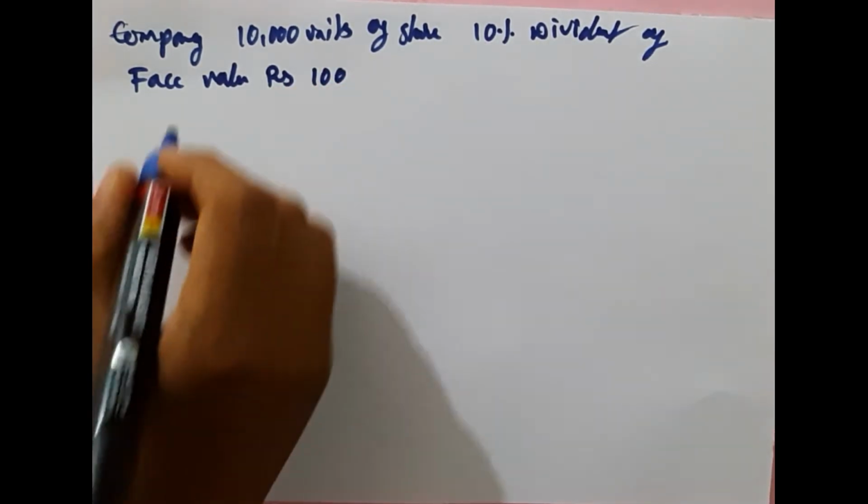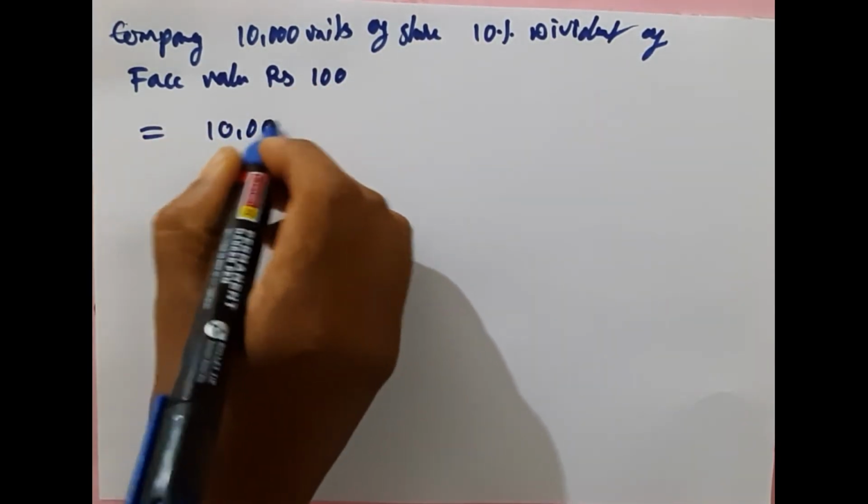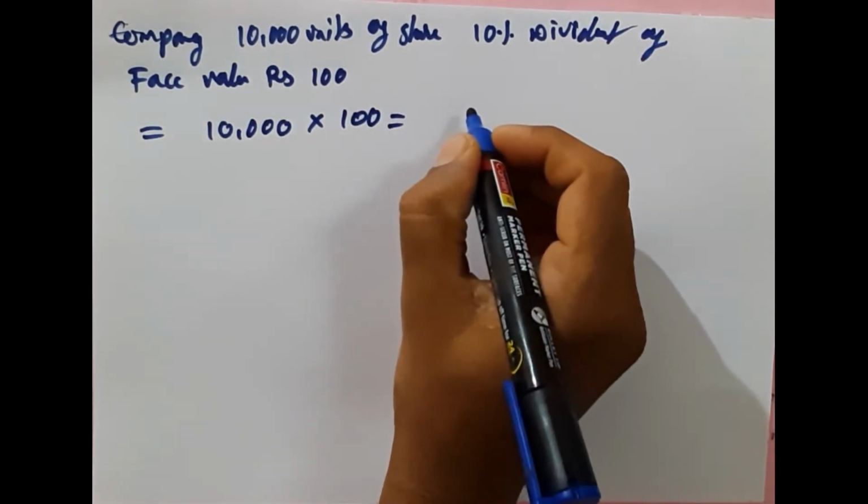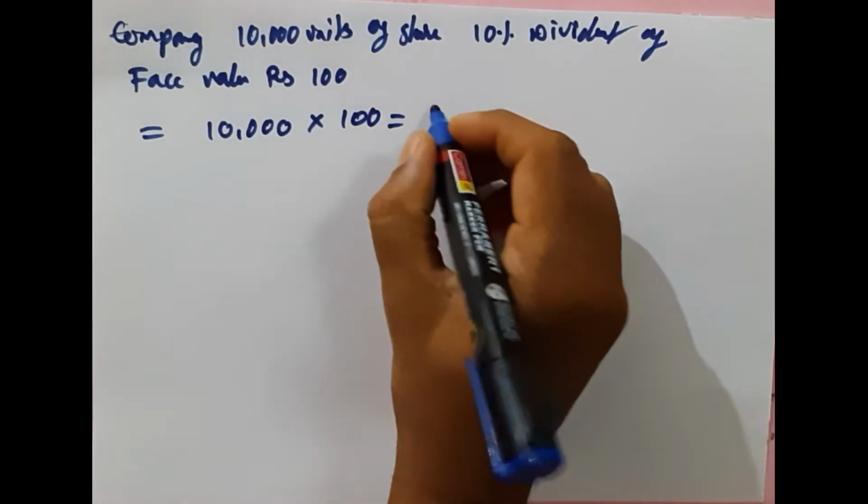So what will be the total amount? 10,000 into 100 is equal to 10 lakhs.